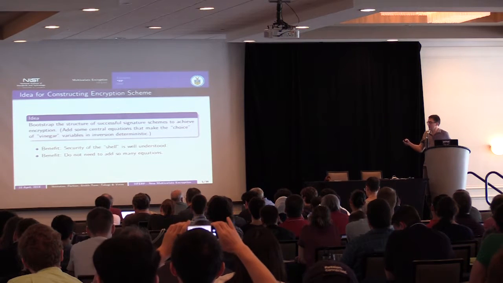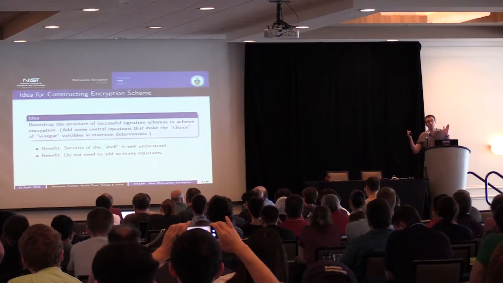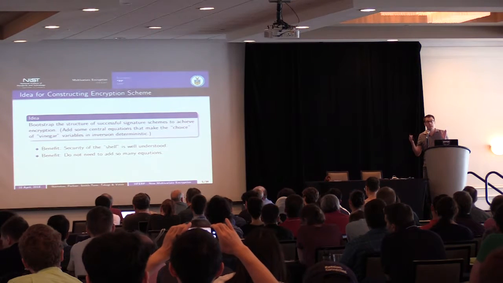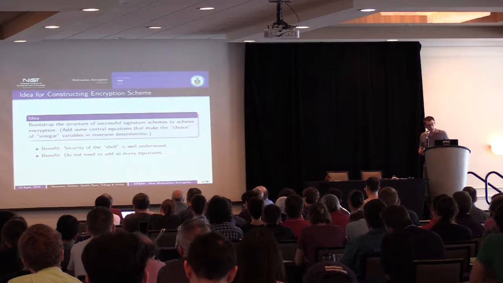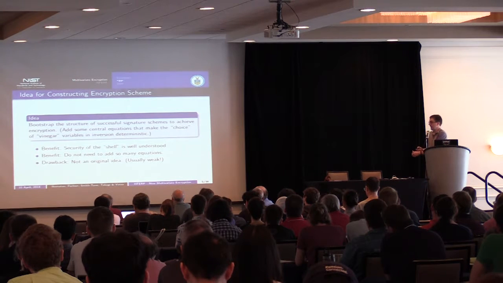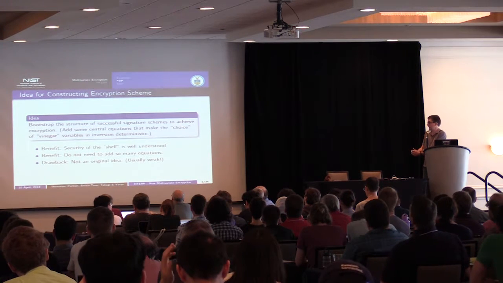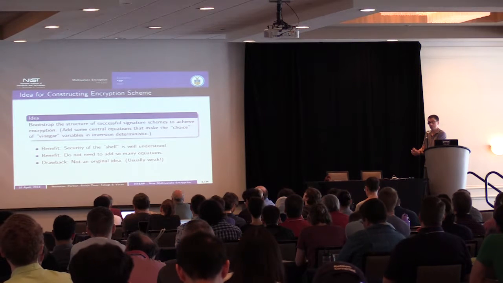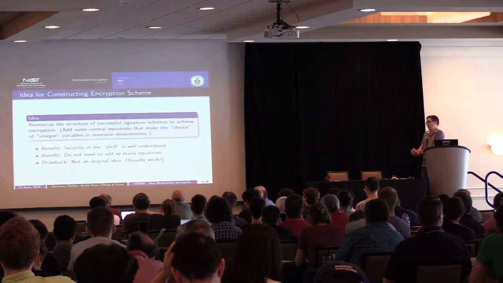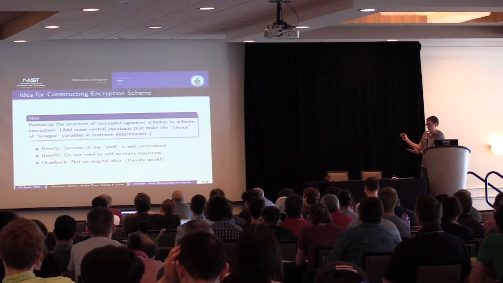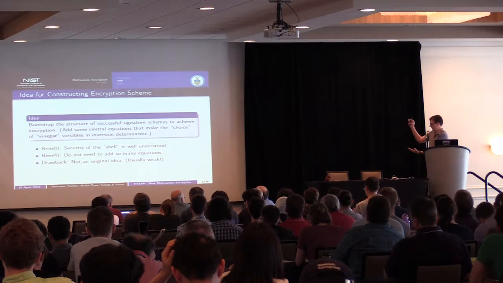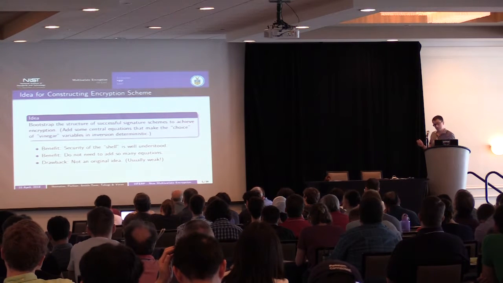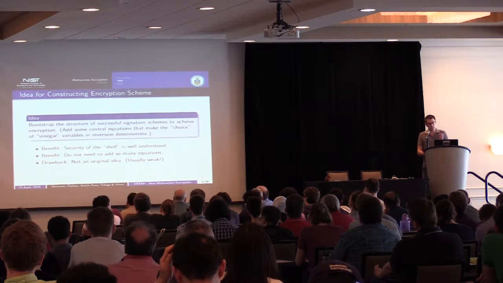We can use this construction so that we don't have this factor 2 blow up between plaintext and ciphertext, so you don't necessarily have such large ciphertext. But a drawback is this is not an original idea. It came around a long time ago, and most of those schemes were broken. In particular, triangular schemes, Moon Letter for example, is basically this idea, although it was a very simple invertible map.